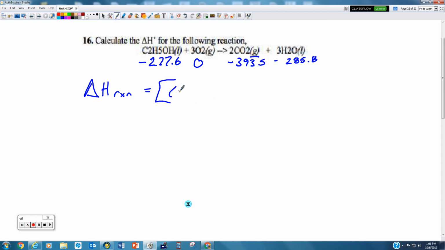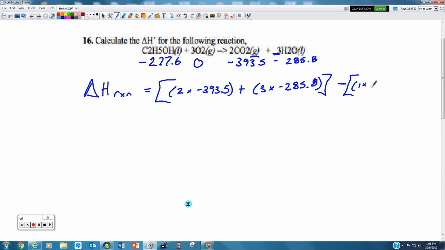So I'm going to go 2 times negative 393.5 plus 3 times negative 285.8 minus, and I'm just showing that I have 1 mole of the C2H5OH.